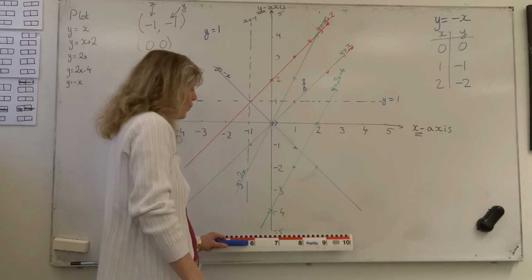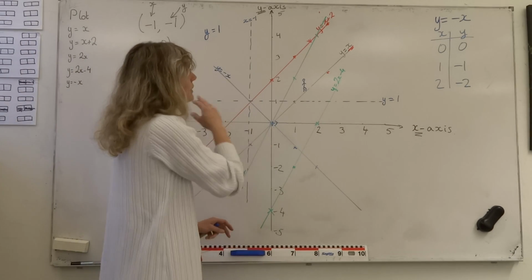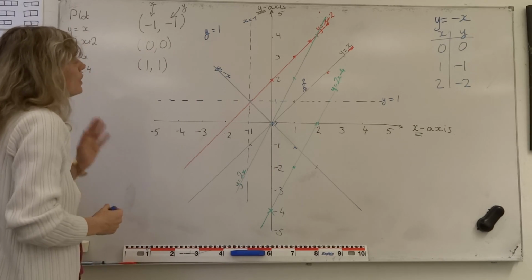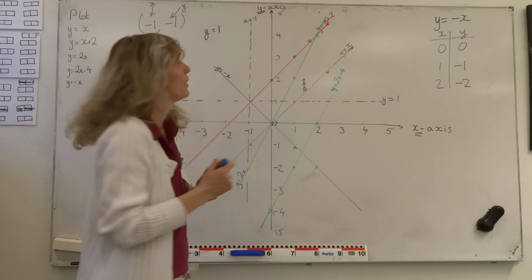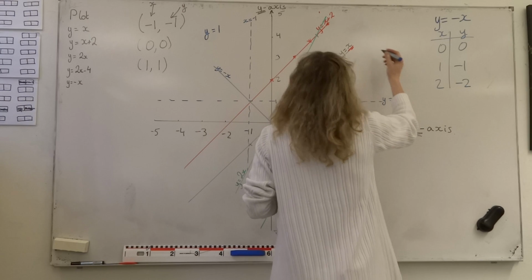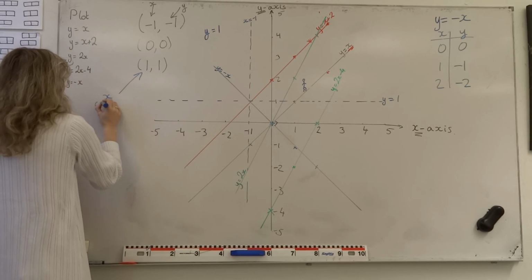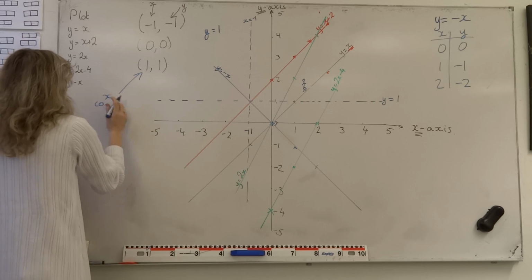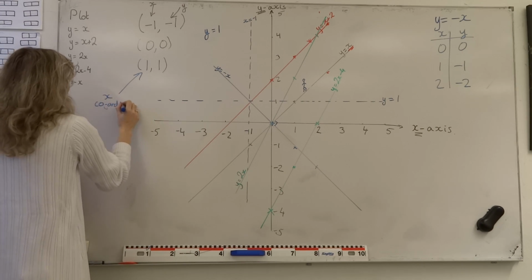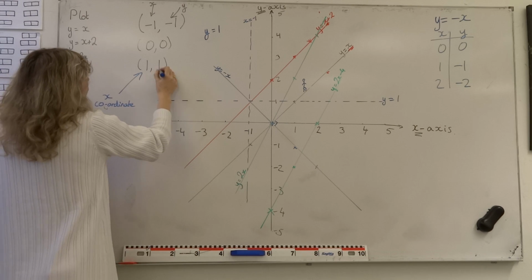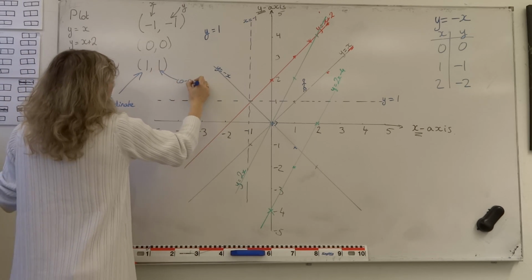So there's lots of different ways we can present and work with graphs. The important things to remember are plotting coordinates. Here we have the x coordinate is always first. The y coordinate is always second.